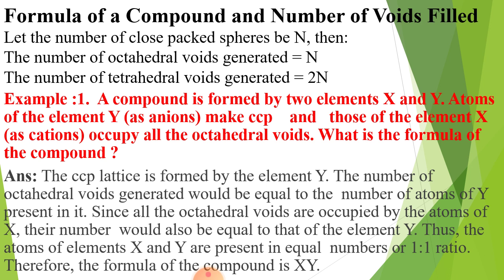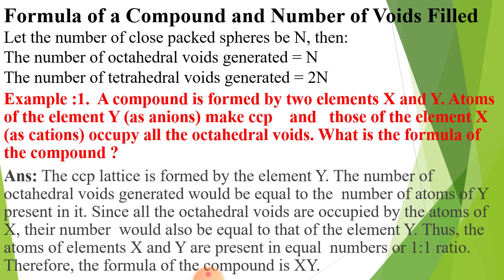So the answer to this question is: the CCP lattice is formed by element Y. So the number of octahedral voids generated would be equal to the number of atoms of Y present in it. That is, if the CCP structure has n atoms, then the octahedral voids are also n.